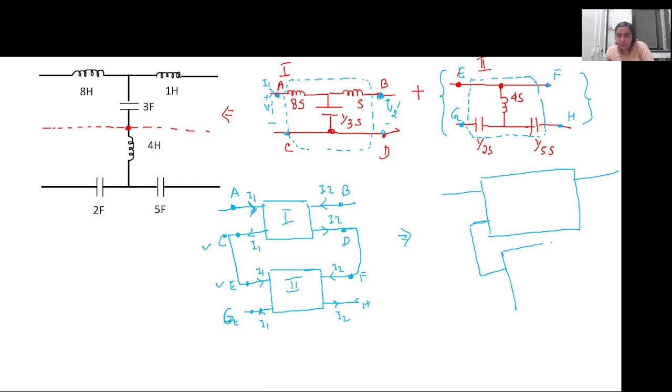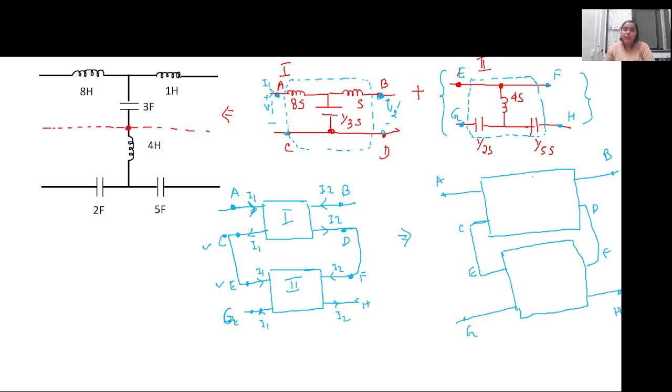For the second network, this is C, E, this is point D, this is F, this is A, this is B, this is G, and this is H.